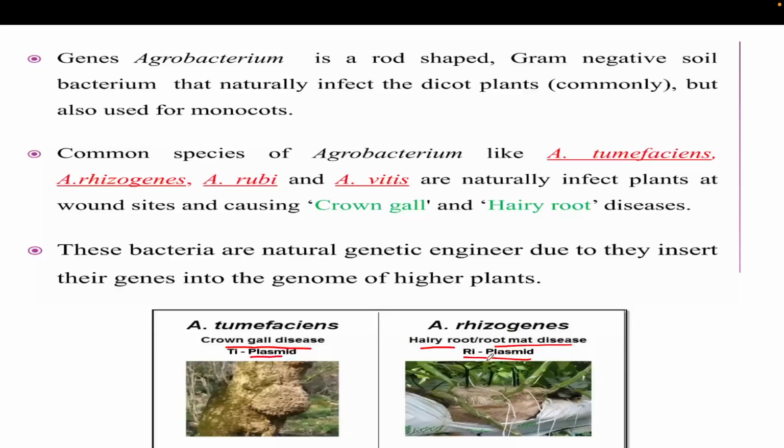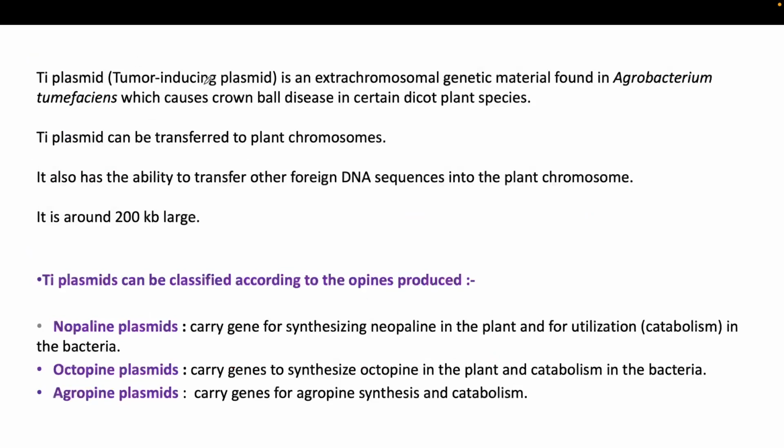The TI plasmid is a tumor inducing plasmid, an extra chromosomal genetic material found in Agrobacterium tumefaciens, and it causes crown gall disease in certain dicot plant species. It can be transferred to the plant chromosome because it has certain sequences and genes responsible for transferring a particular segment of DNA into the plant cell.